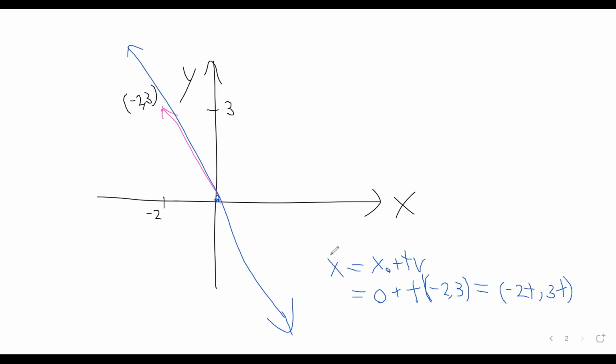And so what that means is that your points on the line represented by x are equal to -2t, 3t. So the parametric equations are x is equal to -2t, y is equal to 3t.